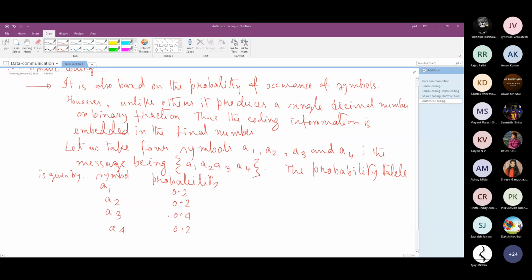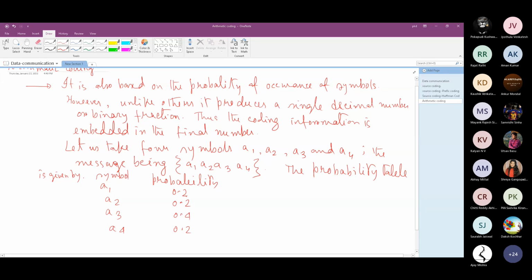And then the message we are sending is A1, A2, A3, A4. So this can be thought of as a part of a message or a message.